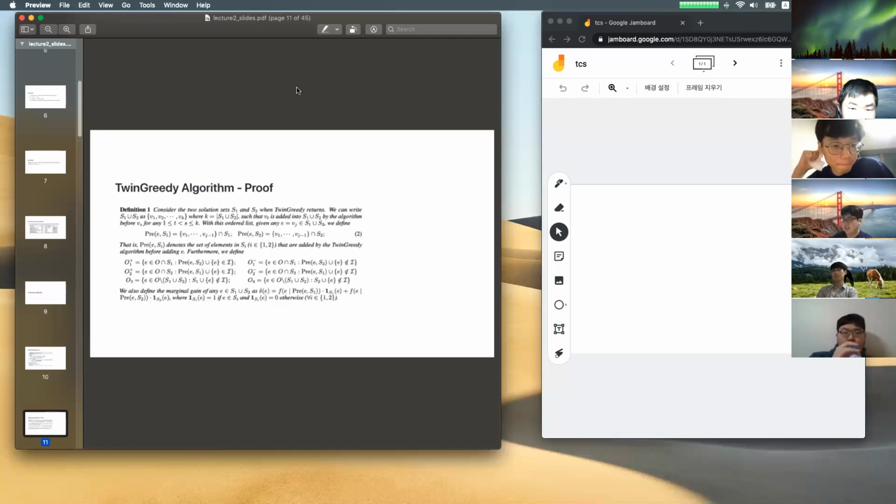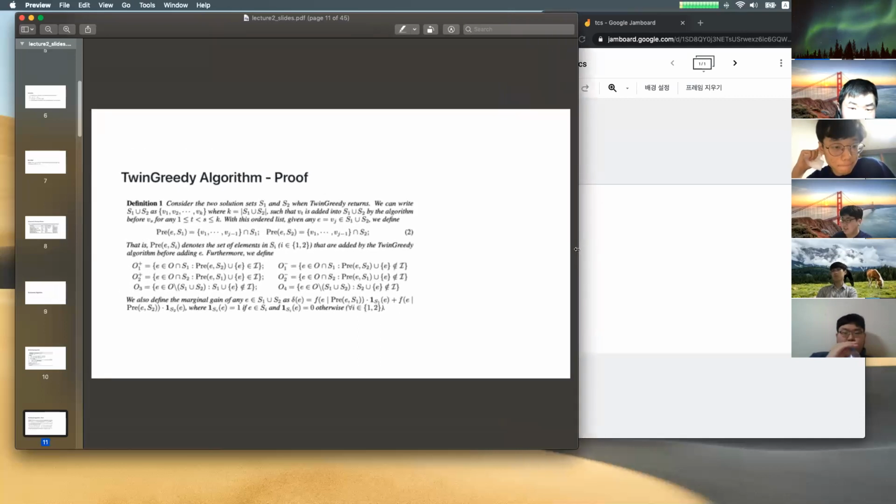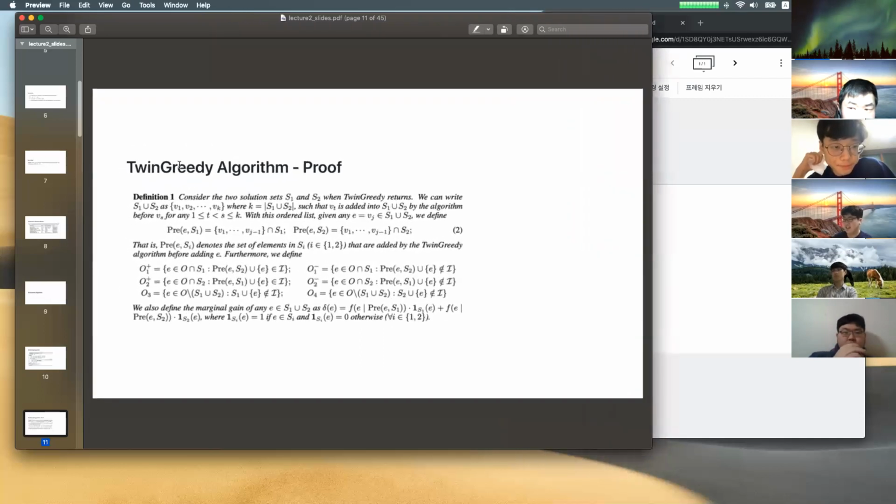Actually, so many notations appear in the proof, so I'll just capture the image from the paper, but I'll explain the meaning of every step.